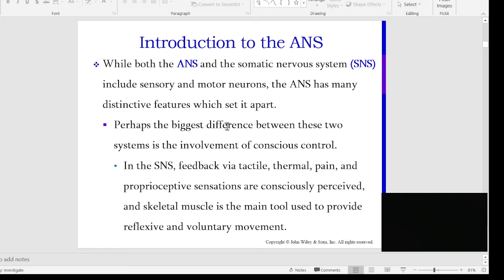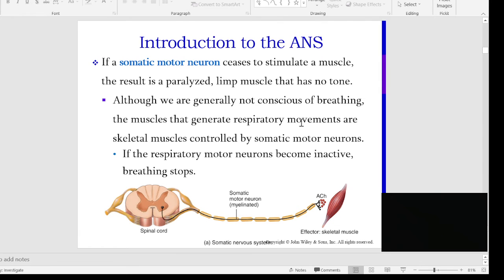In the SNS, the feedback from tactile, thermal, pain, and proprioceptive sensations can be consciously perceived, and the response can also be consciously controlled, because the somatic nervous system is voluntary. But the ENS is different, because you cannot control the response.